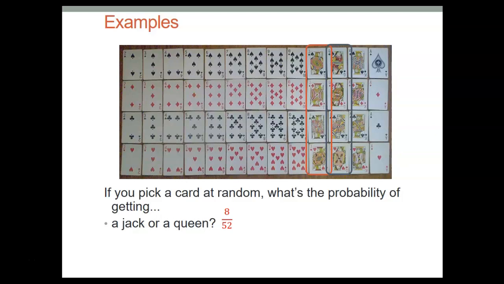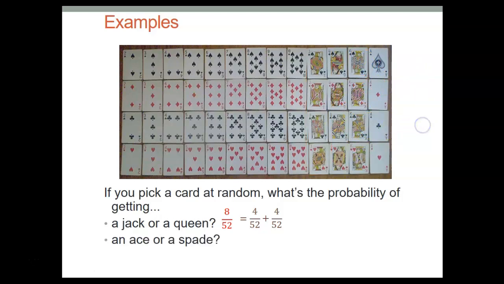And then you could reduce that to lowest terms, or you could divide and write it as a decimal or as a percent. But I'm not going to worry about that right now. I'm going to point out that the probability of getting a jack or a queen is just equal to the probability of getting a jack, 4 over 52, plus the probability of getting a queen, which is also 4 over 52.